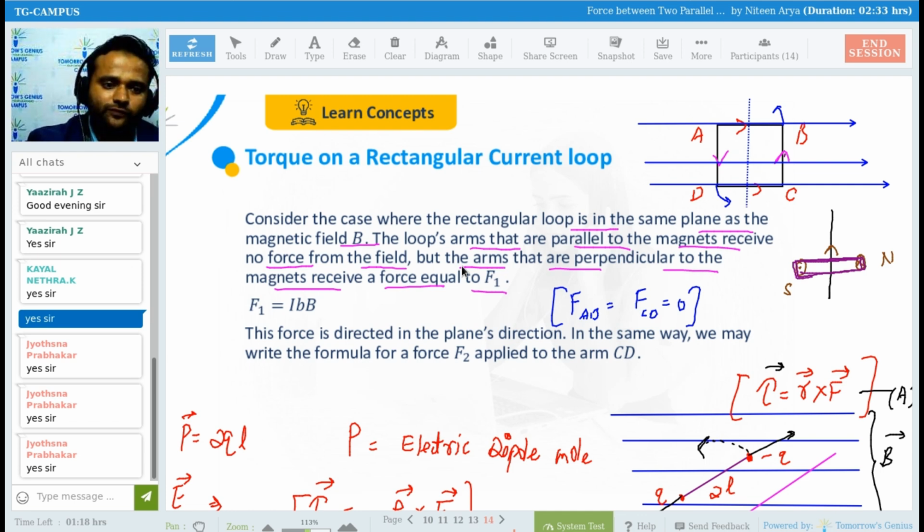And we are not talking about these forces. Tell me, beta, anyone. This is very easy. I even wrote that particular formula in the previous slides also. Just think a little bit and then the answer is in front of you.